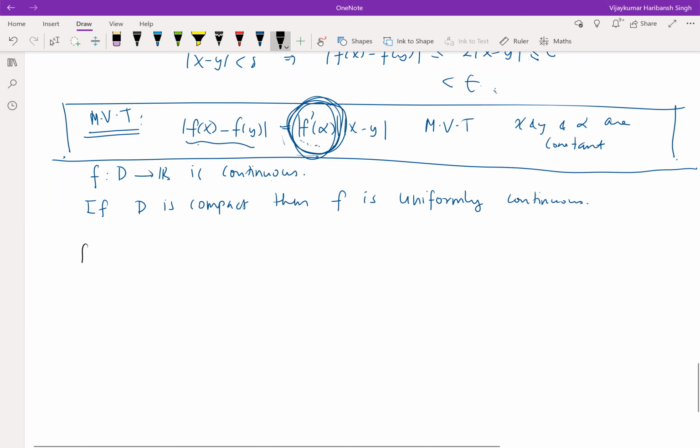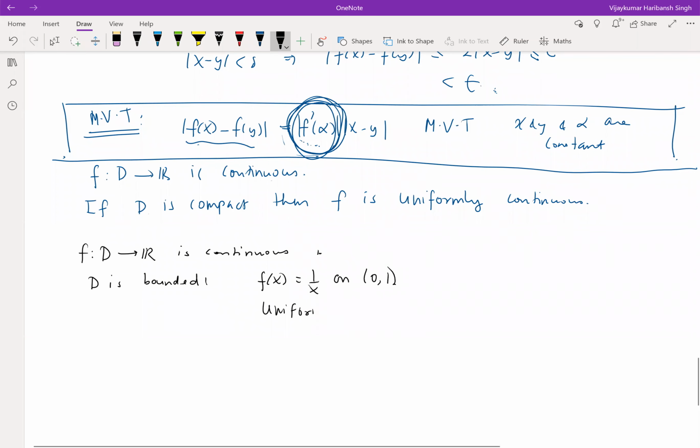So first of all, just f being a function from D to R that is continuous, let's say D is bounded, then consider f of x equals 1 over x on (0, 1).